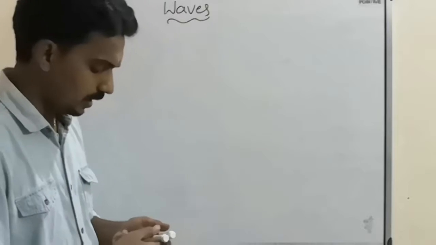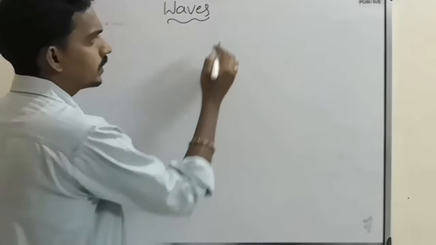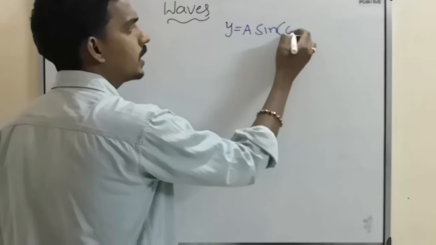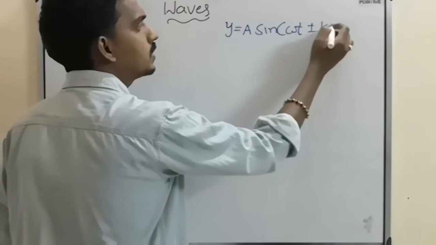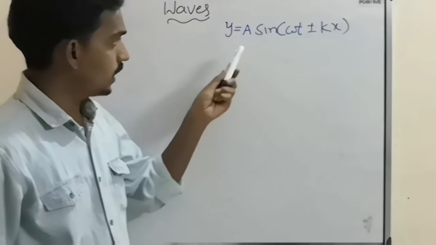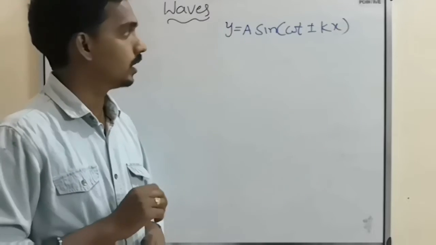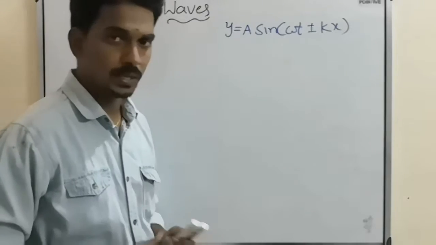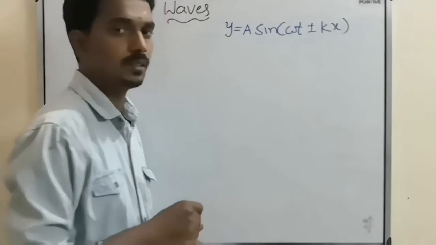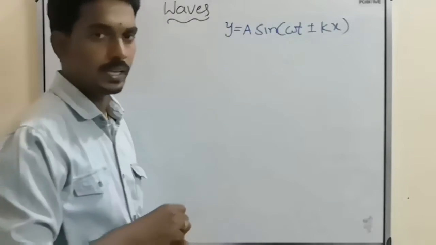We represented the wave equation with the equation y equal to a sin(omega t plus or minus kx), where a is the amplitude of the particle, y is the displacement of the particle at any position x, and t is any time.